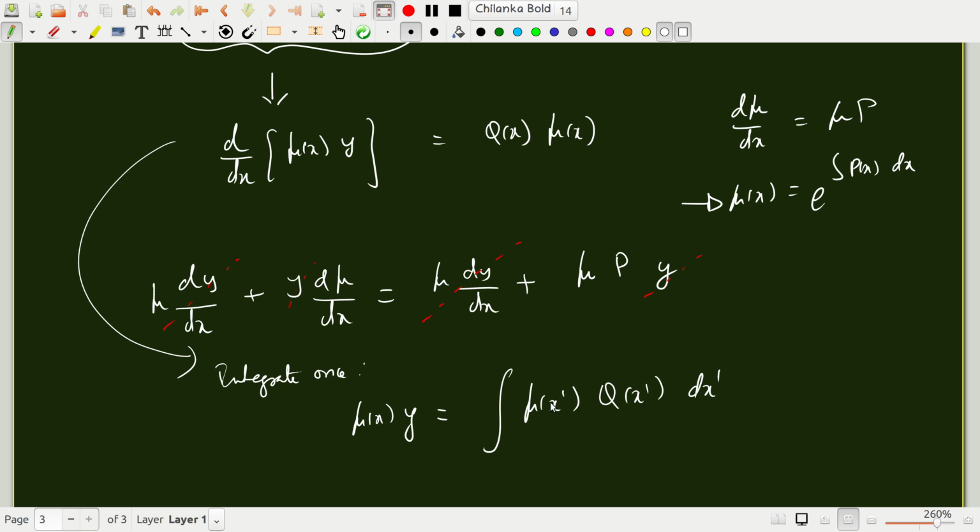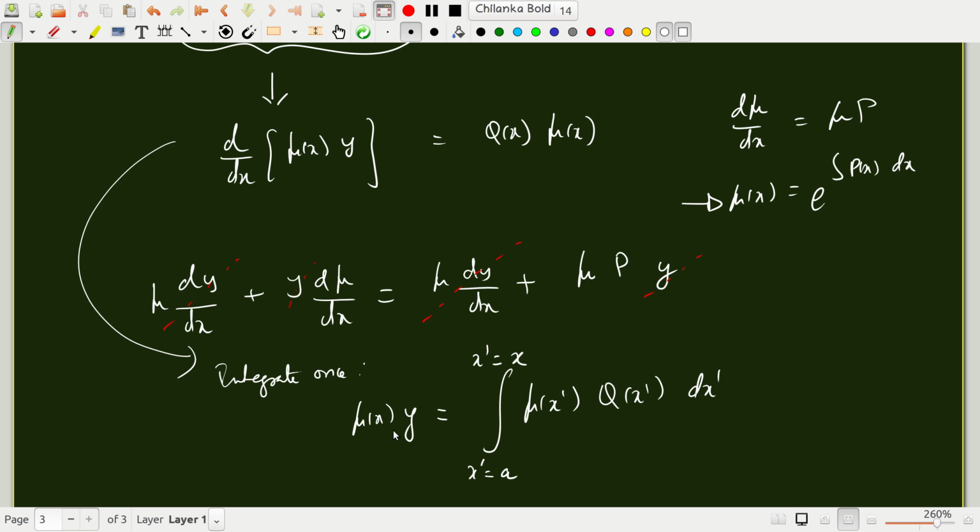You typically don't use the same variable, because it is getting integrated over. This is integrated from any value, let's say some a, to the current value: x prime equal to a to x prime equal to x, where x prime is the integration variable and x is the variable you're specifying here.